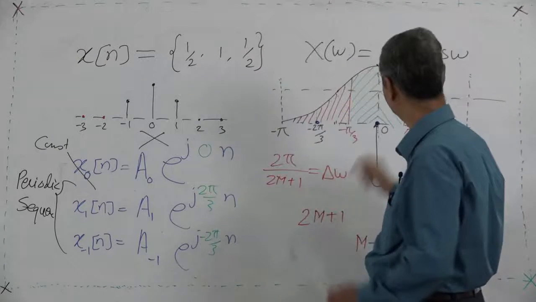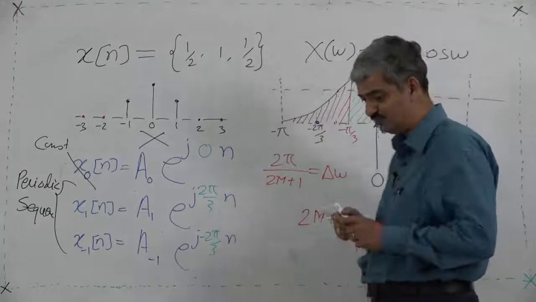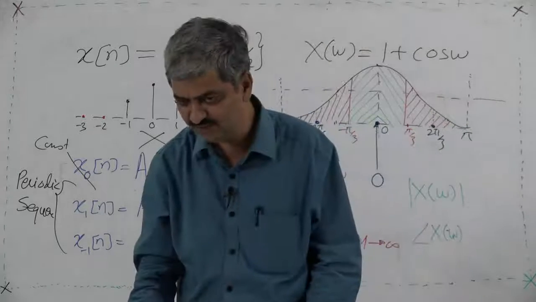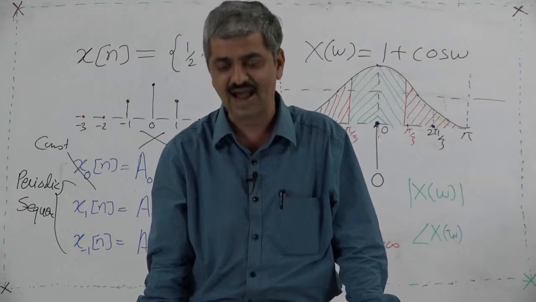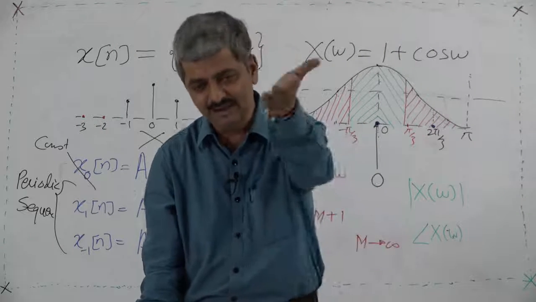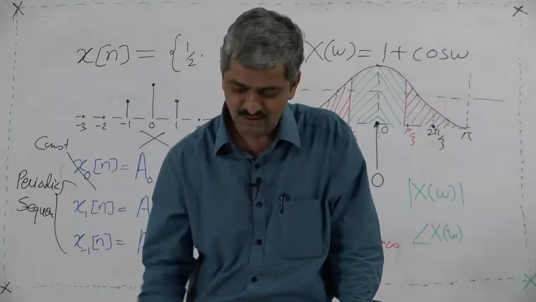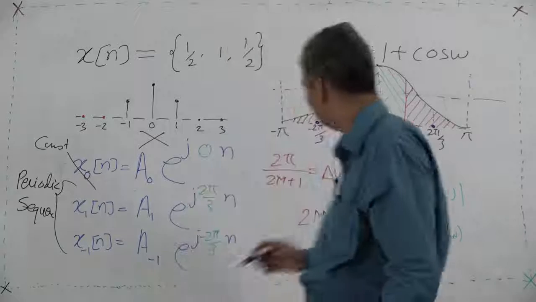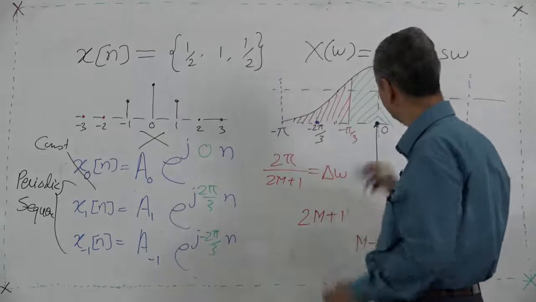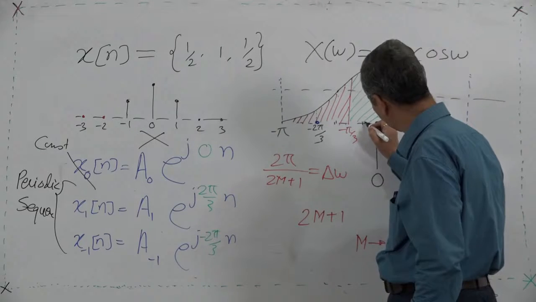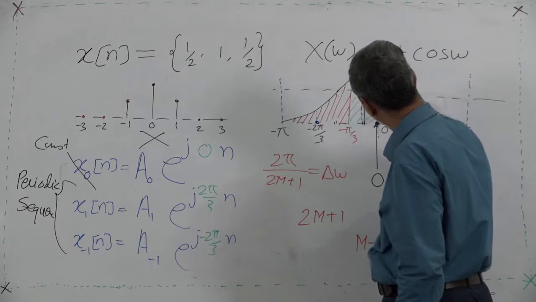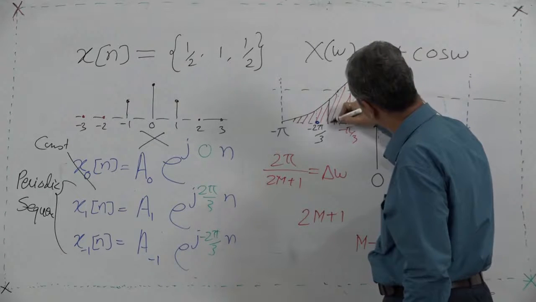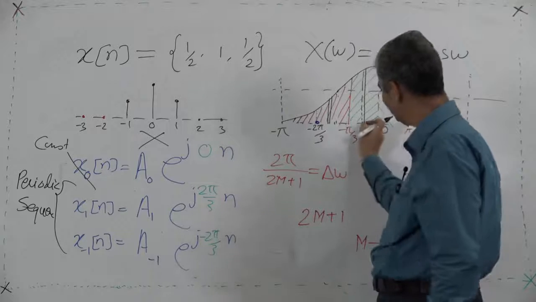Now see, if I have infinitesimally small strips of equal width, and delta omega is the width, then as delta omega tends to 0, the strips will become smaller, smaller, smaller. So this is one strip, this is another strip, and again that width is reducing.